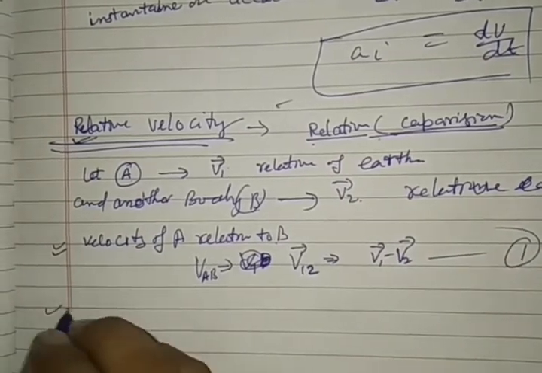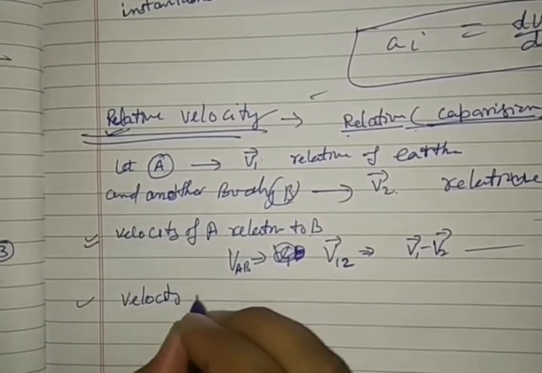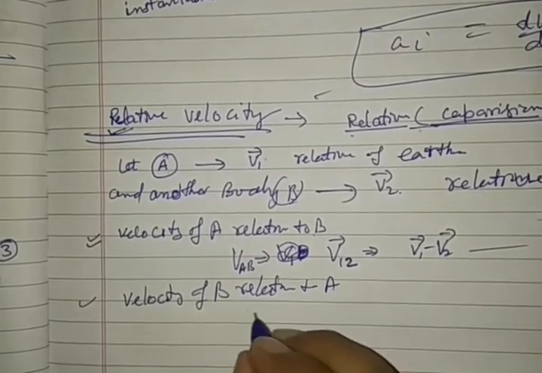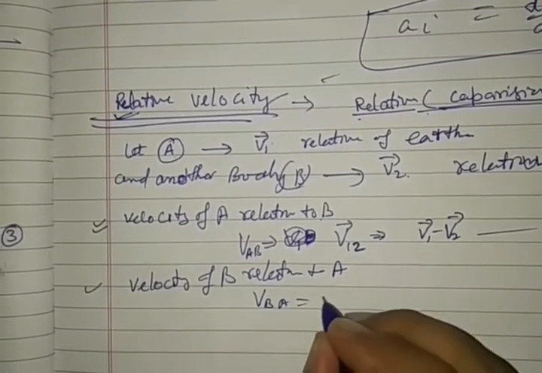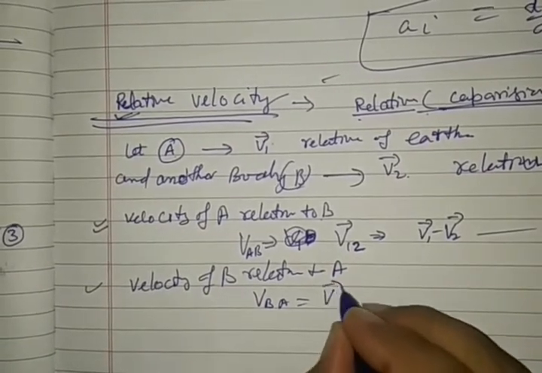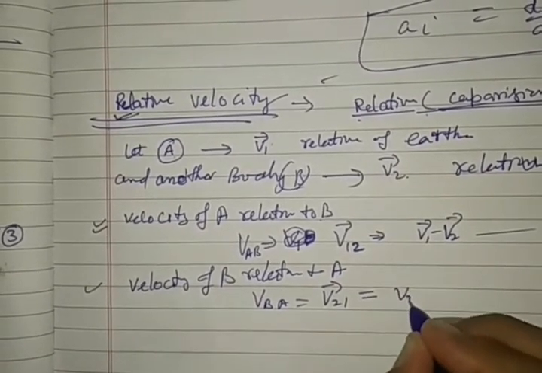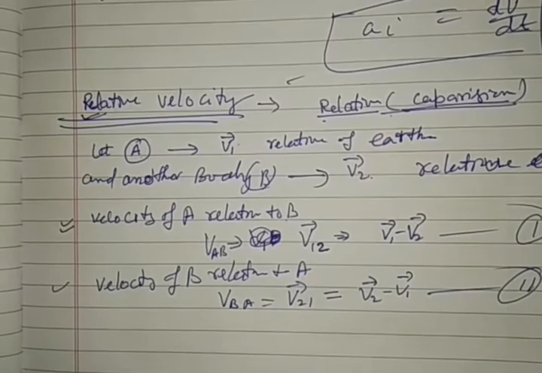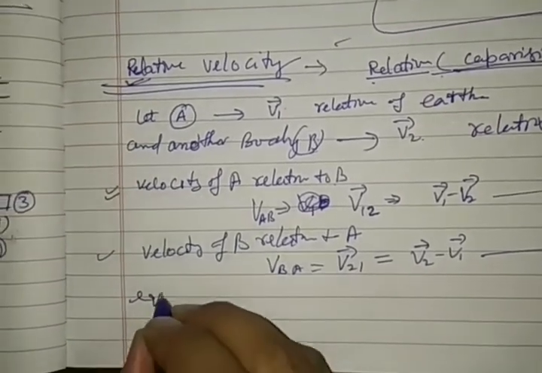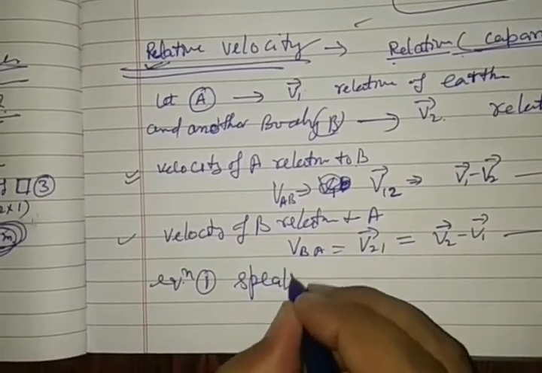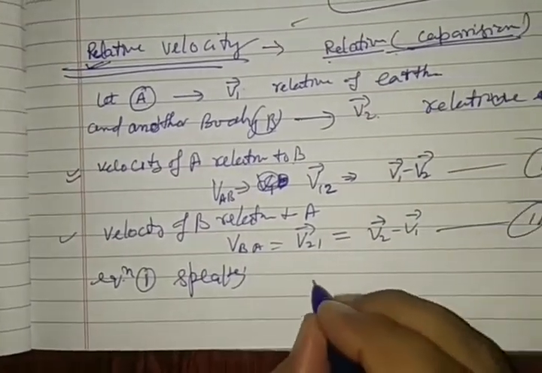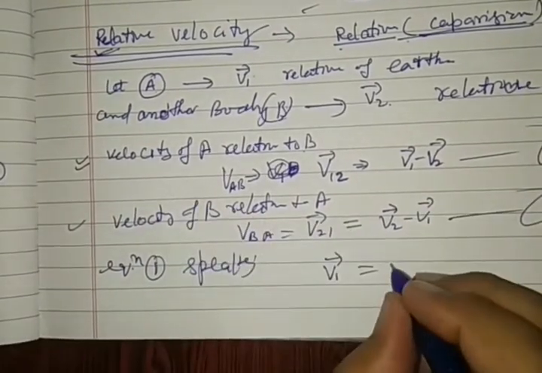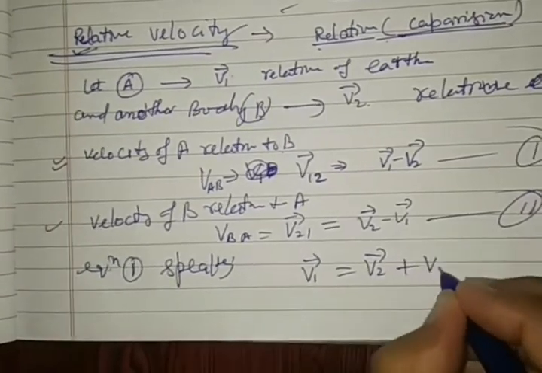Whereas when we calculate the velocity of B relative to A, it can be written as VBA, or V21, which is equal to V2 minus V1. Now see, equation 1 speaks: when it comes to this side, V1 is equal to V2 plus V12.